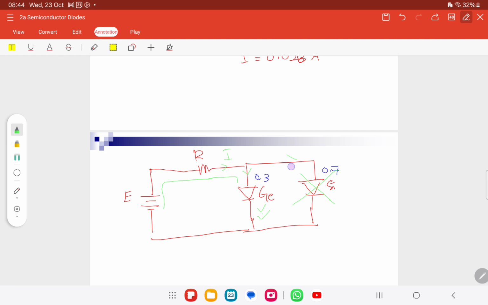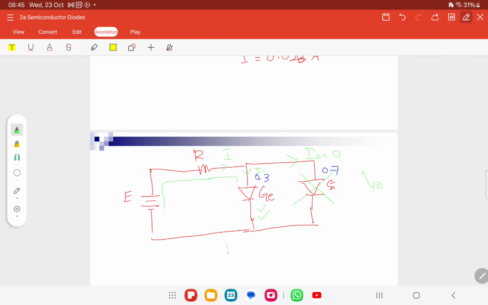When this one tak on, I will be, let's say this one I1, I2 will be 0. So V out dia adalah, bila ni tak ada, V out dia adalah 0.3. Ikut yang mana akan on tu.